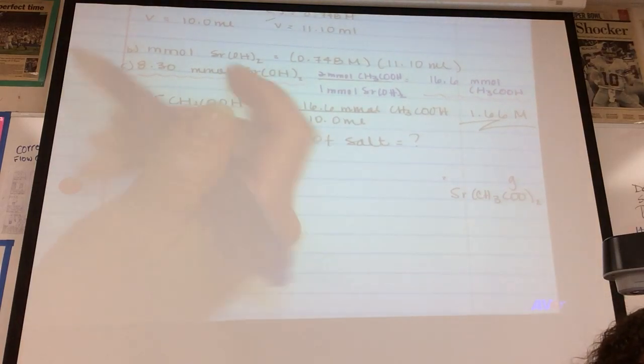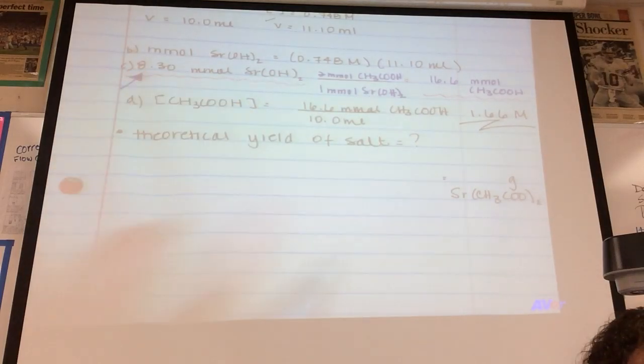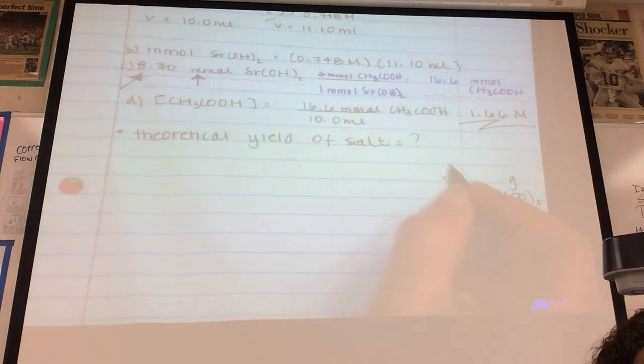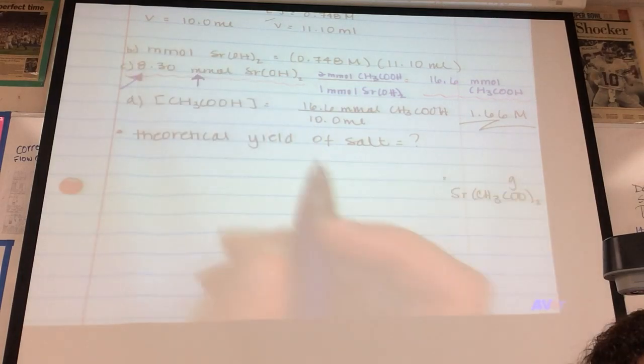I typically will go back to this before I did the stoichiometry. Now this is millimoles, and you're ultimately going to want grams. So you really want this in moles. You move the decimal 3 to the left, or divide by 1,000, or multiply by 10 to the negative third. It's all the same.